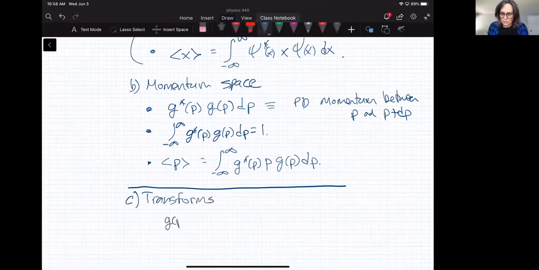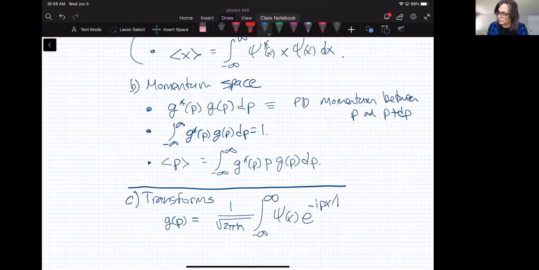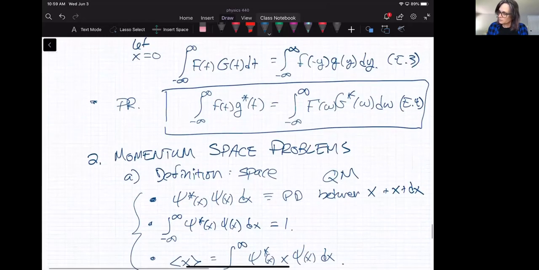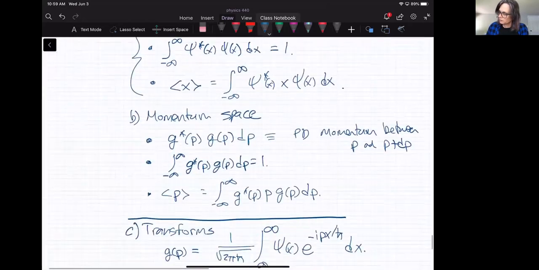So g of p, then, we can write as 1 over the square root of 2 pi h bar times the integral from minus infinity to infinity of psi of x e to the minus i p x over h bar dx.